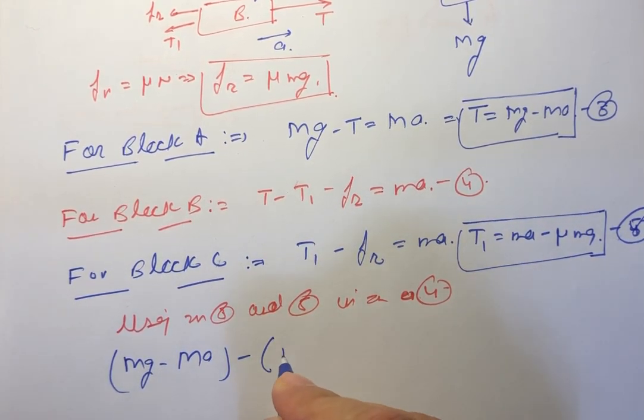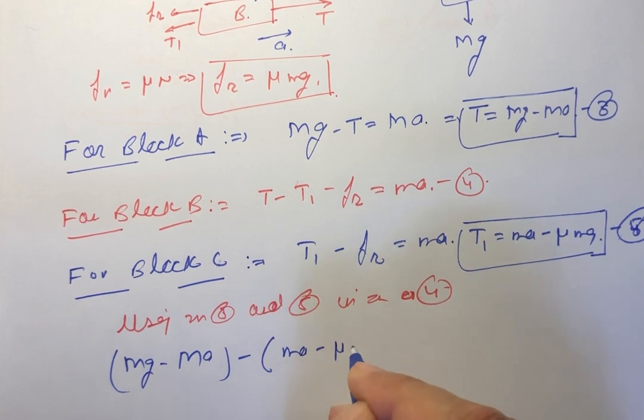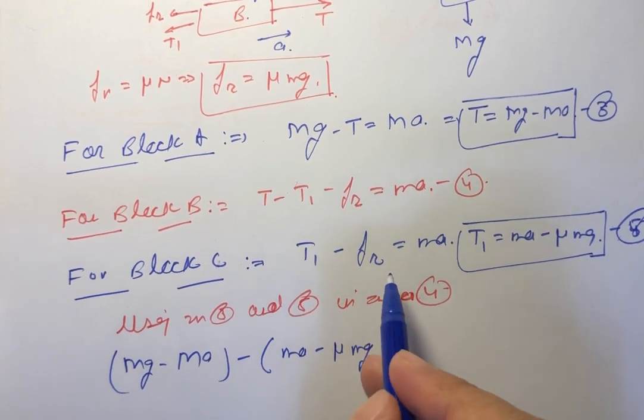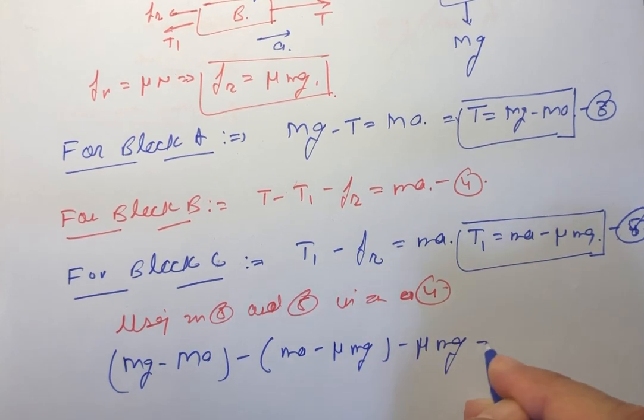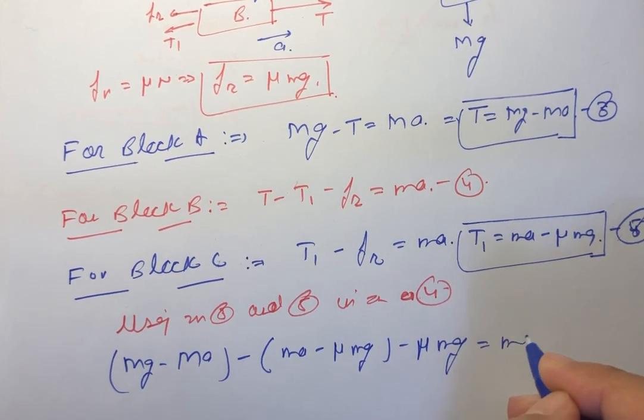T1 is our ma plus mu mg, and we have FR, minus mu mg, will be equal to Ma.